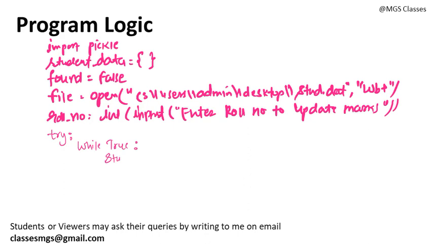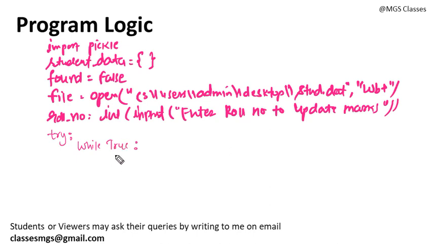You can use the tell method, file.tell method, to get the current position. Before reading the actual record, we need to store the file pointer position so that we can use it for updating the record. Using the seek method, we will go to that particular position and update the record. So I am storing the current position of the file pointer.